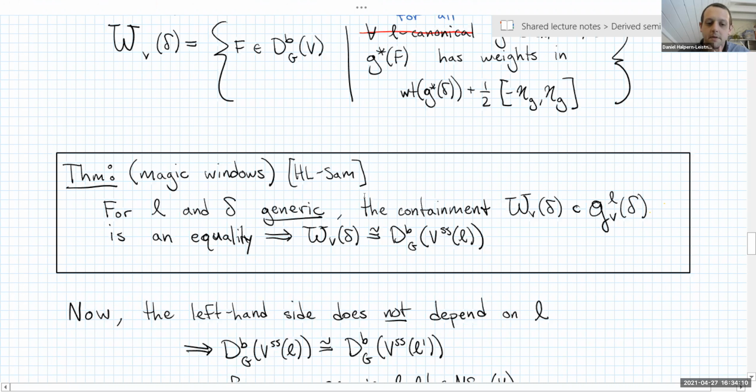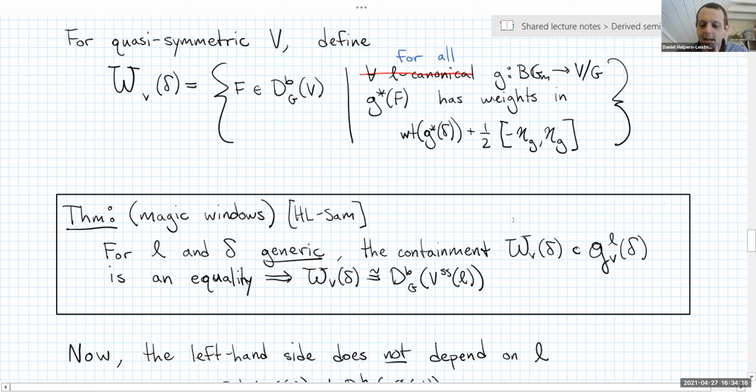There's obviously containment here because all I did is add more constraints, more graded points. The theorem that Steve, Sam and I proved is that when L and delta are generic, this containment is an equality.